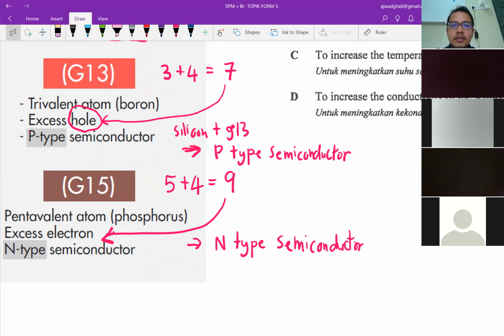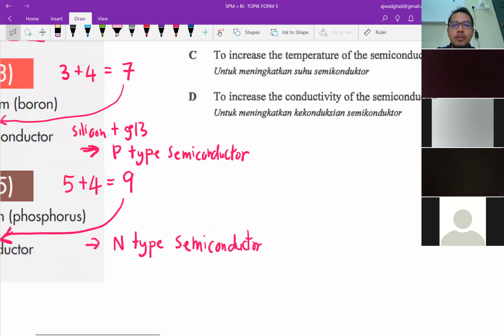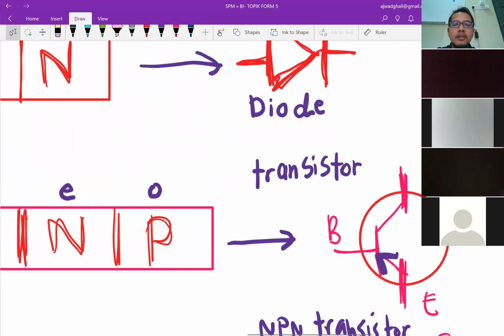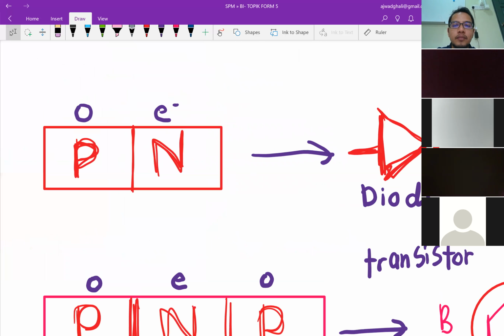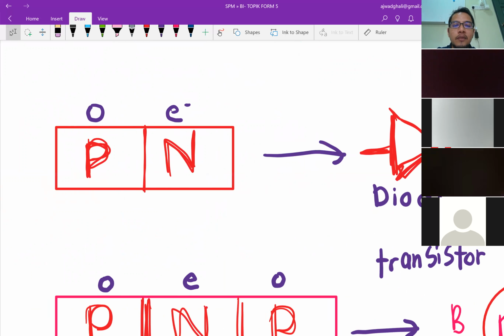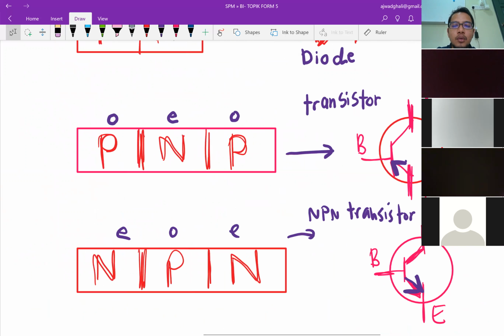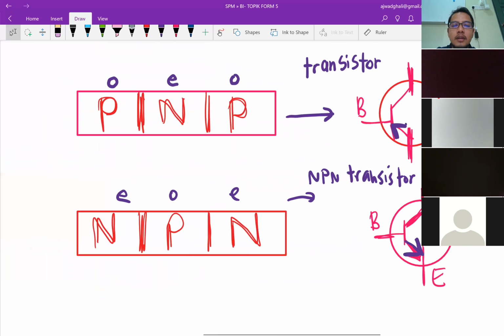These 2 are better conductors than the semiconductor itself. So we have a component named diode. Basically, a diode is a p-type and n-type put together. If you have 3 layers, PNP or NPN, you put them together, it will produce a transistor, PNP and NPN.